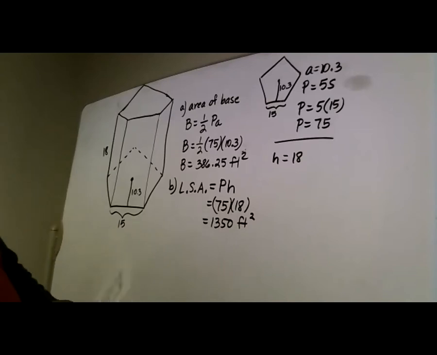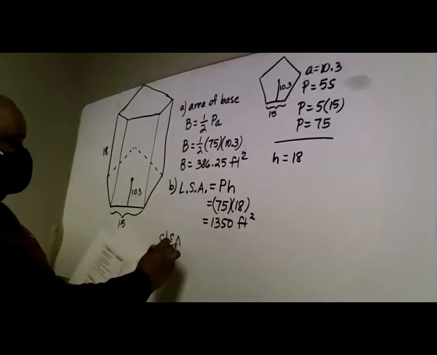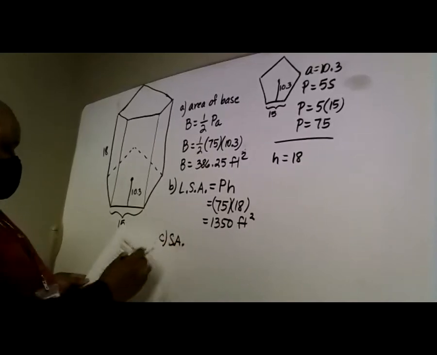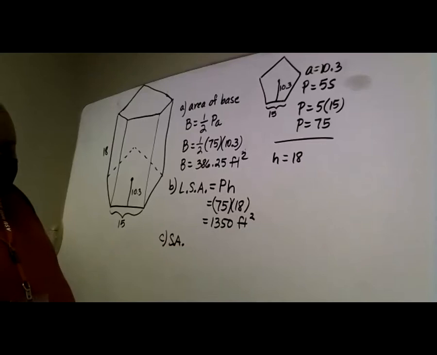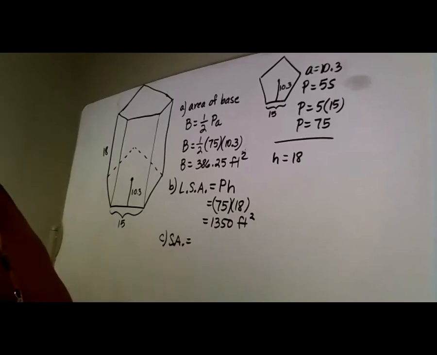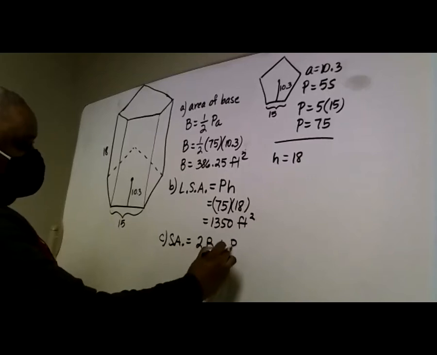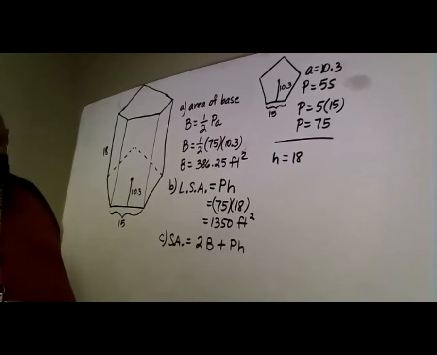Okay, and then finally, part C is find the surface area of that prism. Okay, so to find the surface area, we have to use this formula: 2 times the base plus the perimeter times the height.